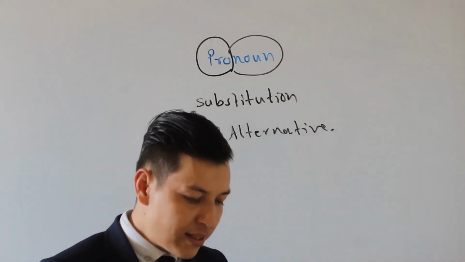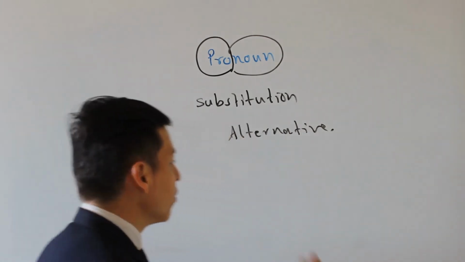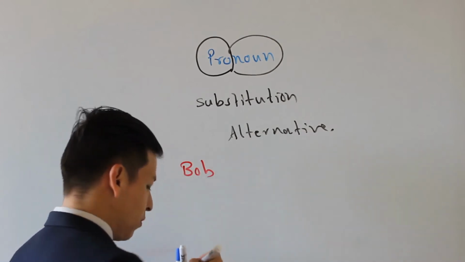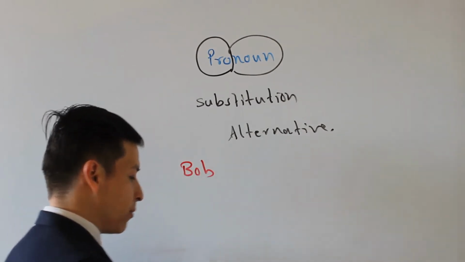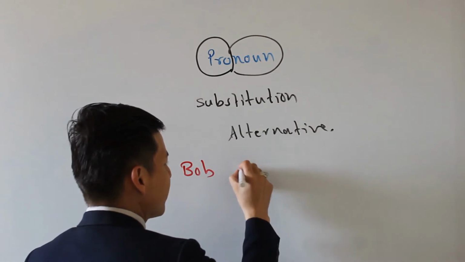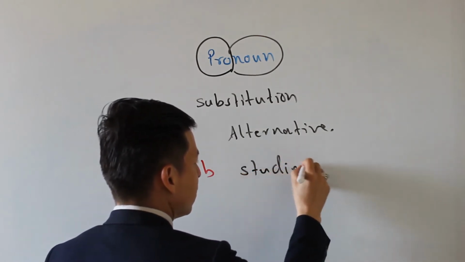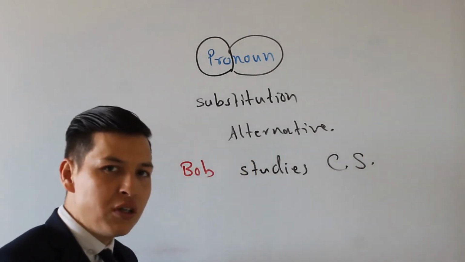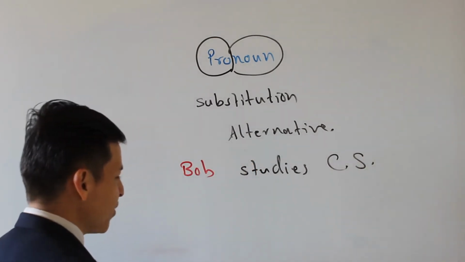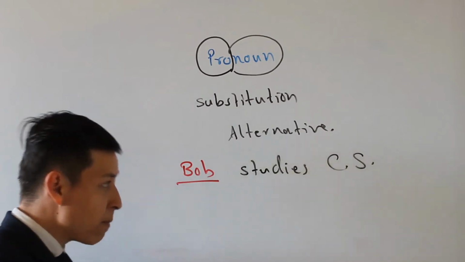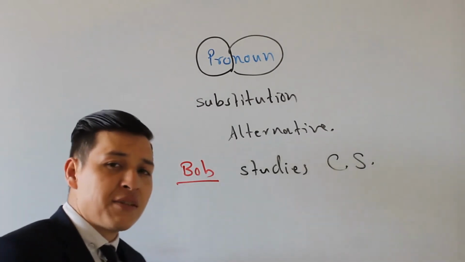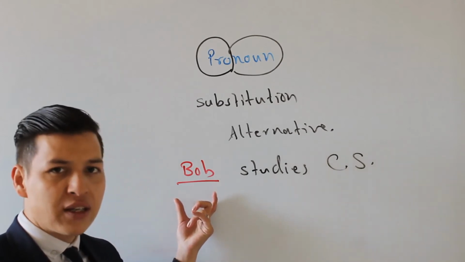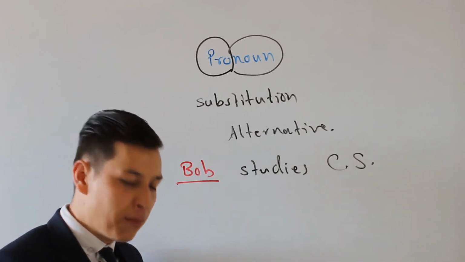If we say it is in a sentence, for example, if I say Bob studies computer science. Here we see that we have a noun, Bob. If I write some more sentences about Bob, here I need to replace Bob to prevent the repetition of Bob.